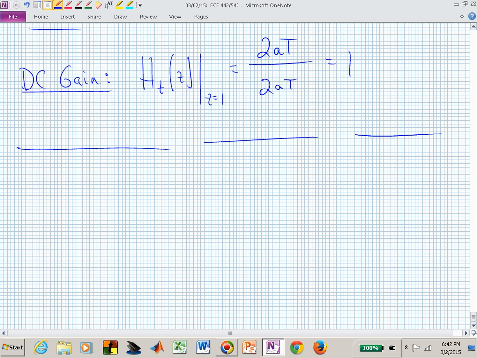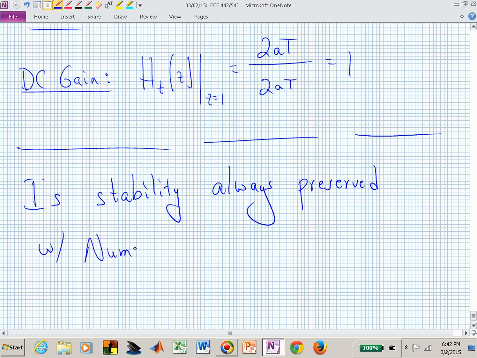And one of the key properties that we might be interested in is, is stability always preserved with numerical integration?